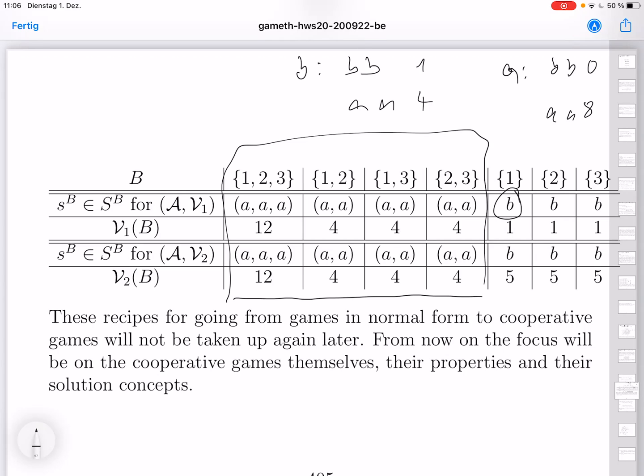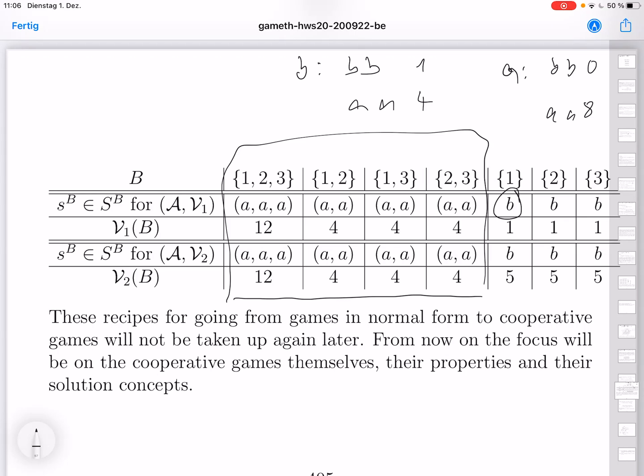If in the second game he chooses B, the others will reply with AA, because then they get 4. But then he will get 5. And if he chooses A and the others also reply with AA, then he will get only 4.